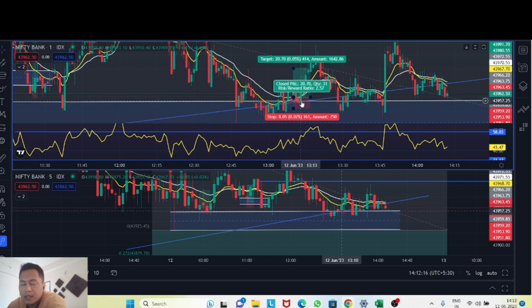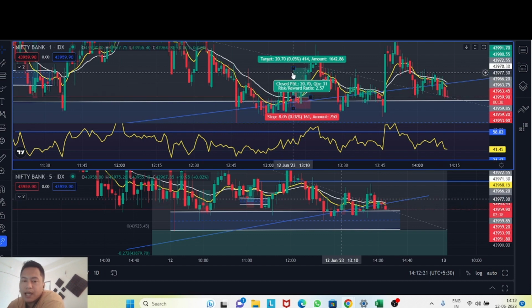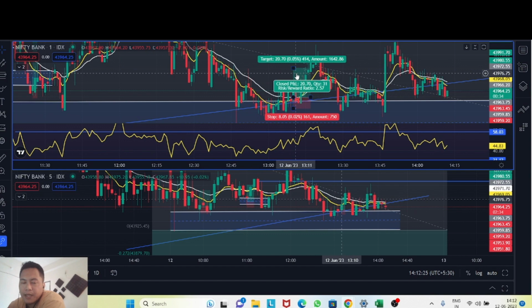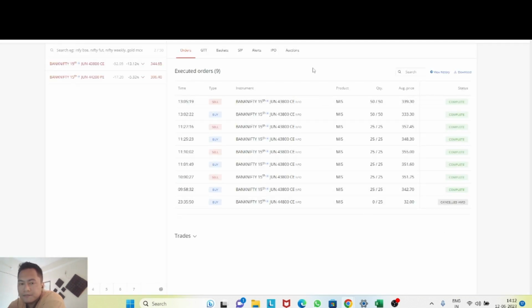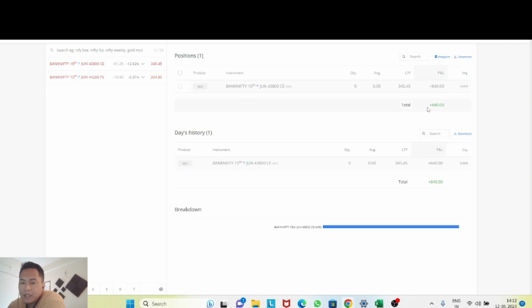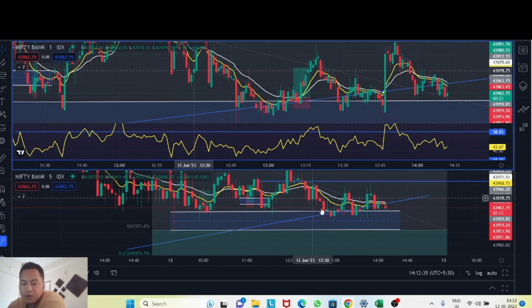So in this trade, I took two lots, and with that I took my profit here, and that's how I earned 800 rupees in a market where there is barely any movement.